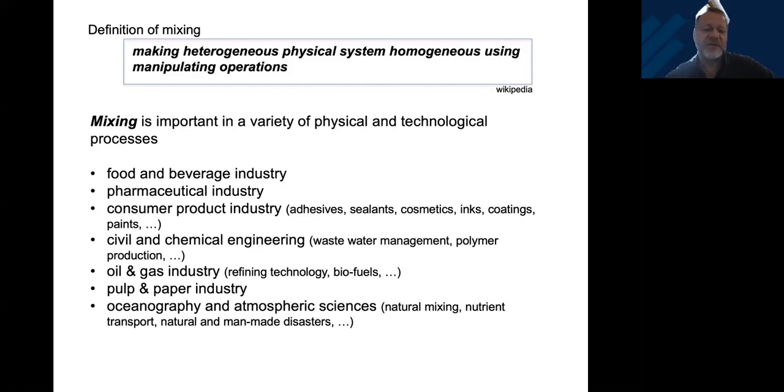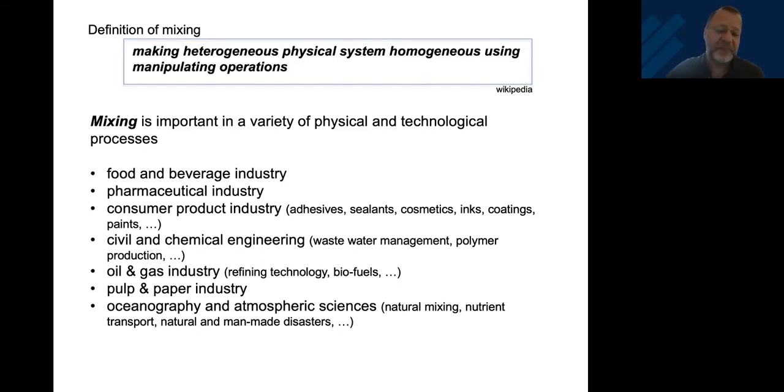Then also the consumer product industry: adhesives, sealants, cosmetics, shampoos, color, paint, things like that, all involve mixing at one point or another. Civil and chemical engineering, same thing: wastewater management, polymer production. Every time you have a chemical reaction, it gives a better product if it's well mixed ahead of time. Oil and gas industry, of course, the refining technology, biofuels, pulp and paper industry.